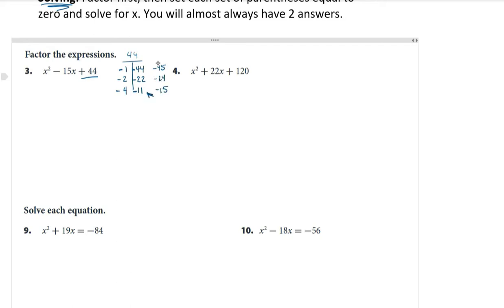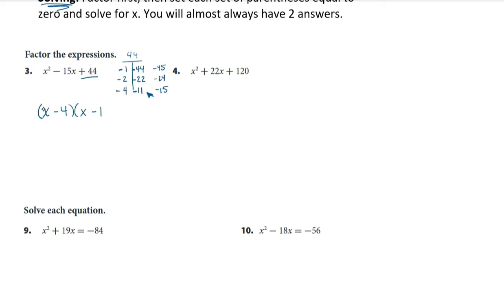So these factors here are my winners. I would just write x minus 4 times x minus 11. That's plugging these in. Again, you can FOIL this to see if you get back to your original, and if we did, it would give me x squared minus 15x plus 44.